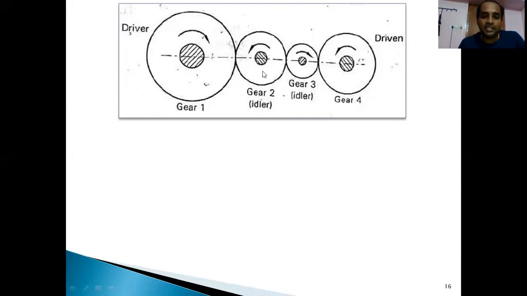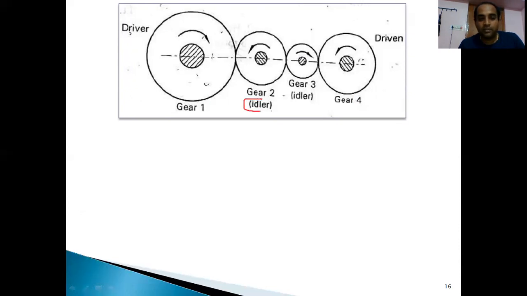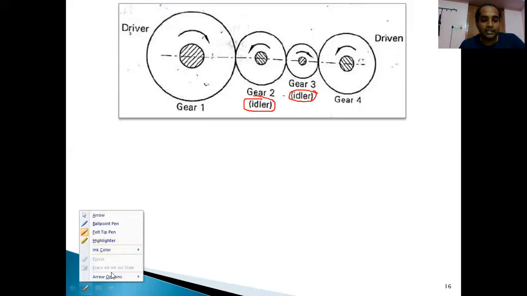So these gears, we call them idler gears. The gears present between the driver and the driven gears we call idler gears. So in this sketch where there are 4 gears, gear 2 and gear 3 are idler gears.